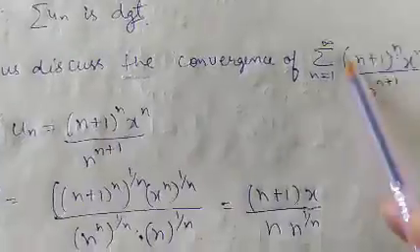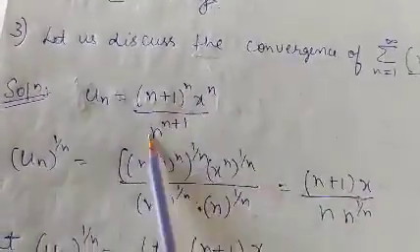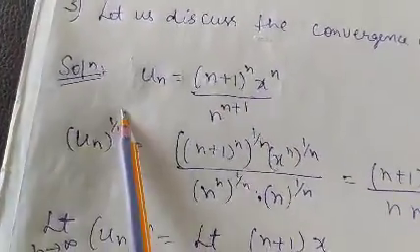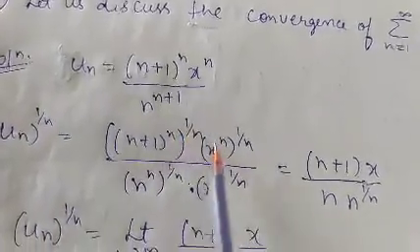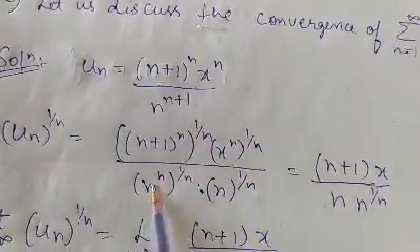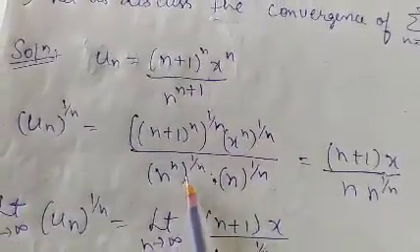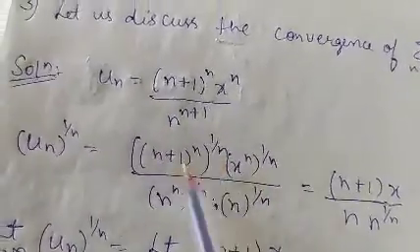So again consider this as your un. So what is un? (n plus 1) whole power n into x power n divided by n power n plus 1. What you have to do is un whole power 1 by n, which is nothing but (n plus 1) whole power 1 by n, x power n whole power 1 by n. Again n power n plus 1 I will split as n power n into n. I am going to apply 1 by n to each term.